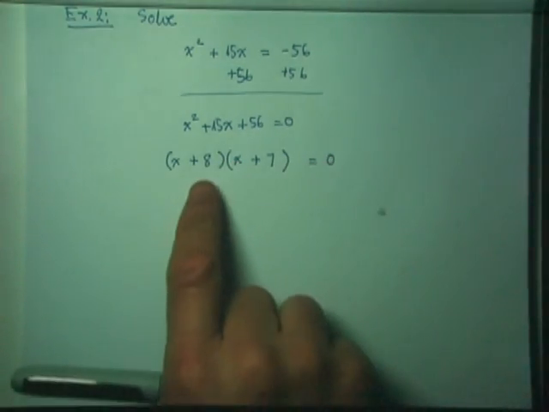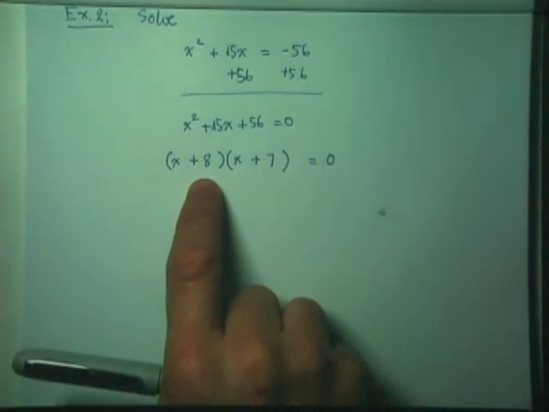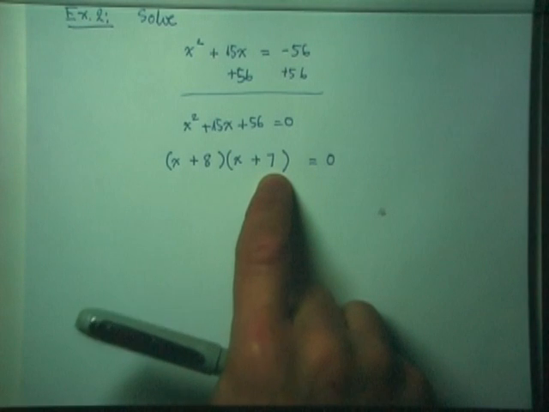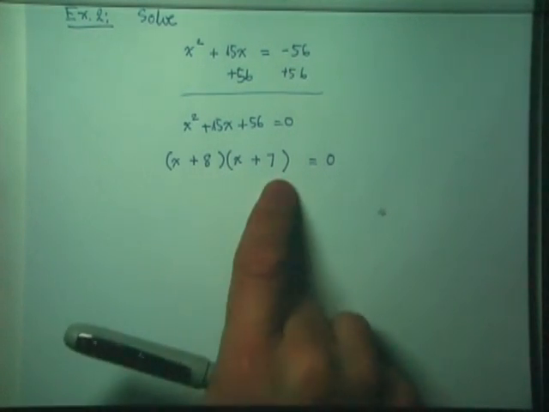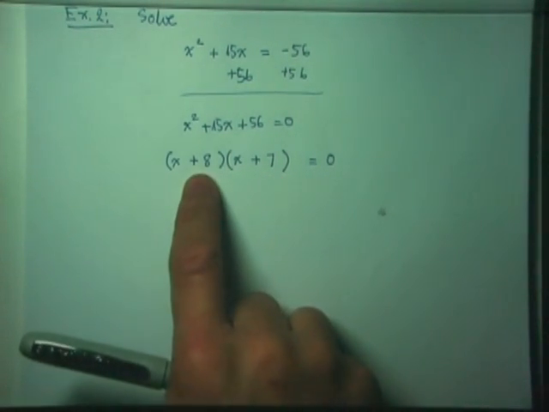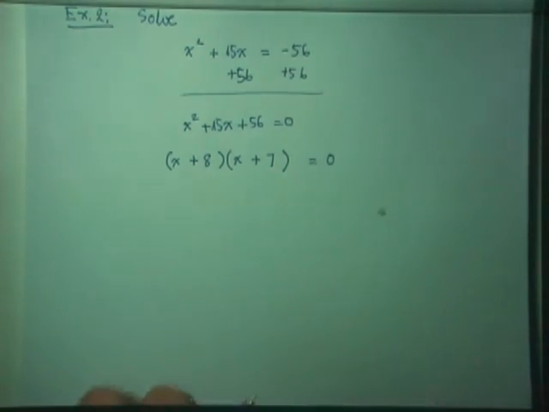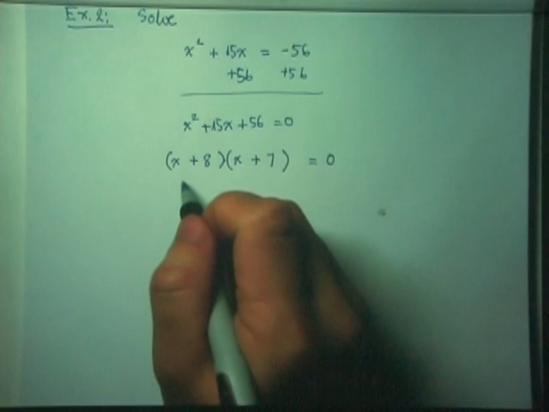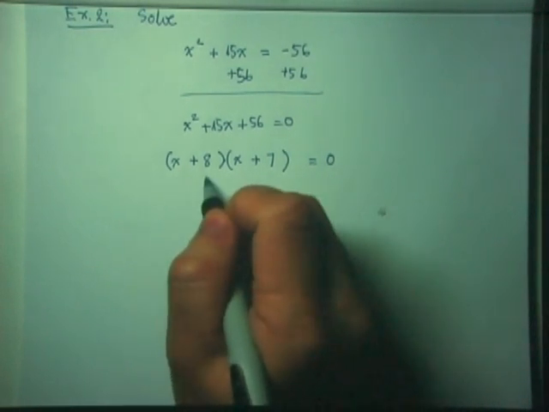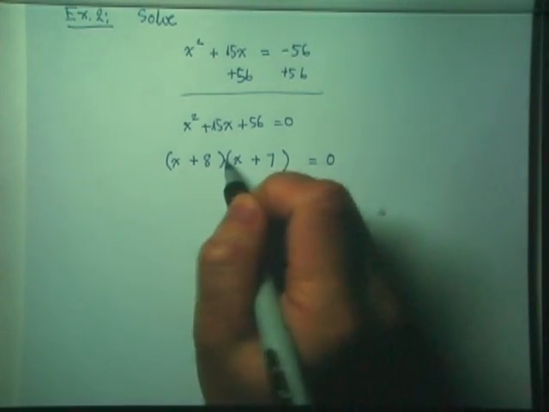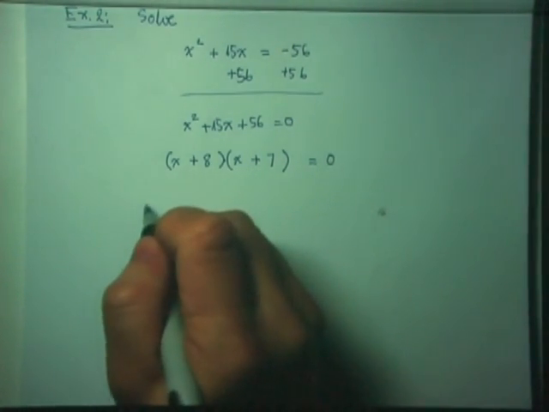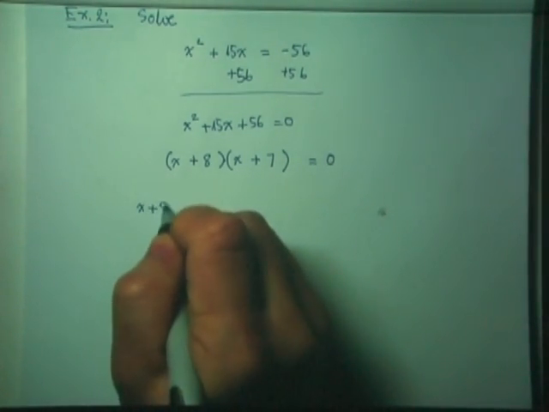It's worth mentioning once again that it doesn't matter which pair of parentheses the positive 8 and positive 7 go in. You can also put the positive 7 here and the positive 8 on the other side. I have turned my quadratic equation into two factors, x plus 8 times x plus 7.